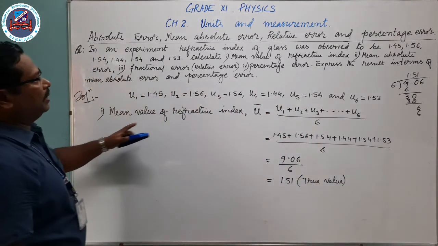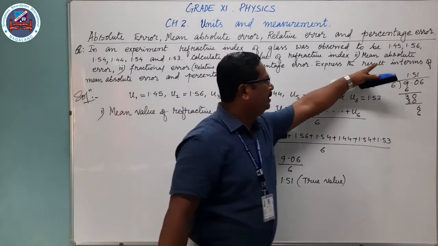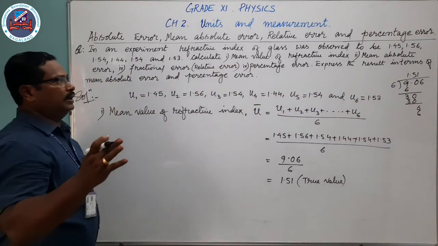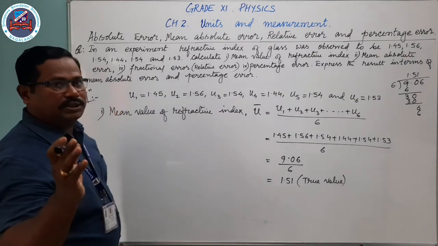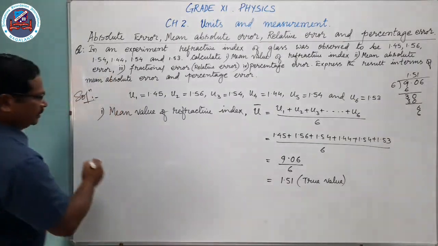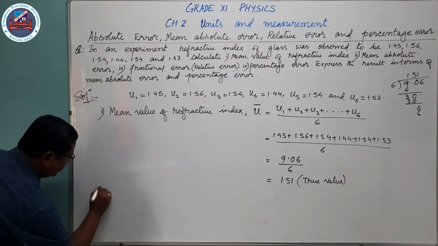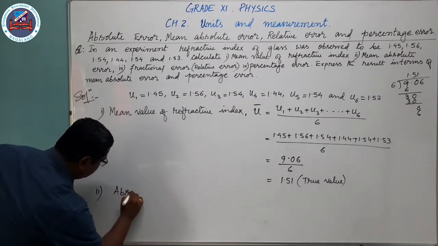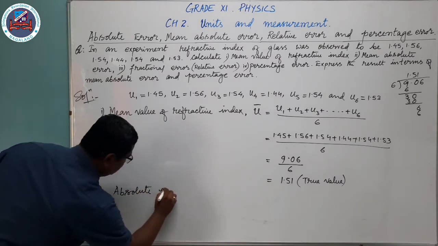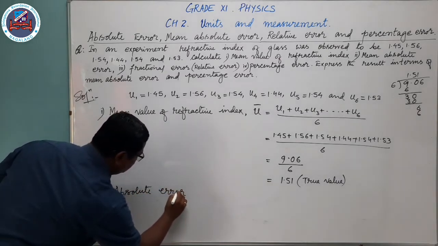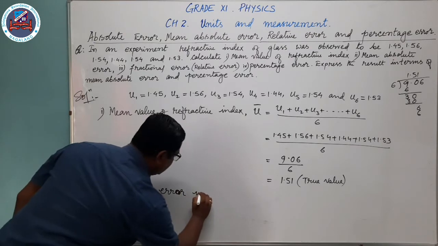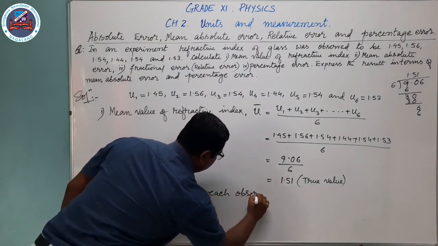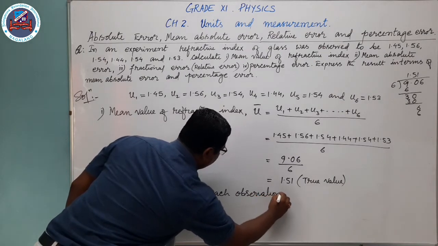After that, the second step, to find the mean absolute error, first of all you have to find the absolute error in each observation.